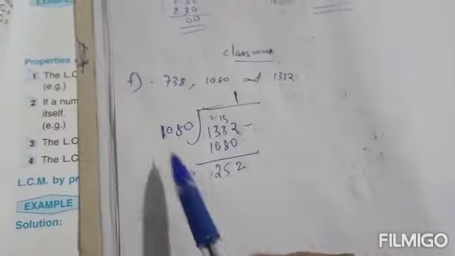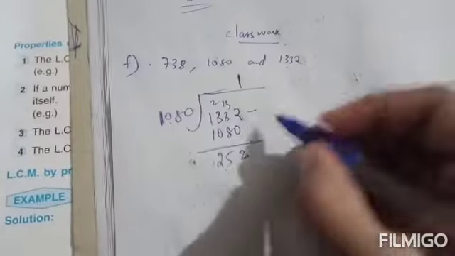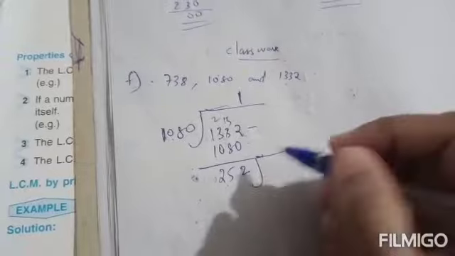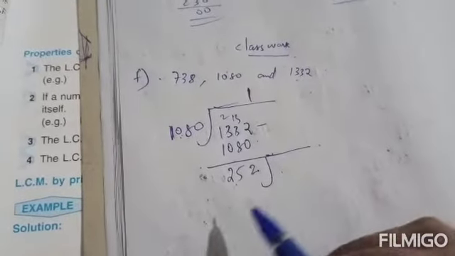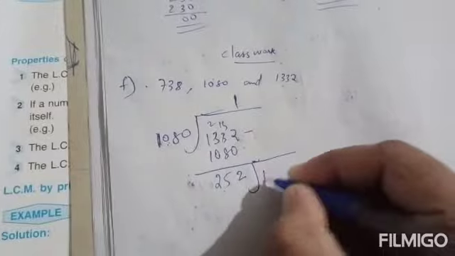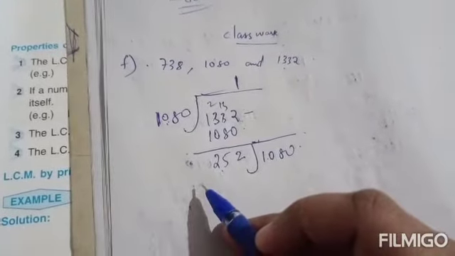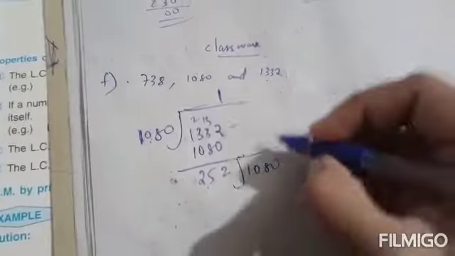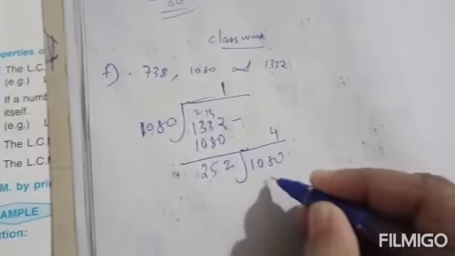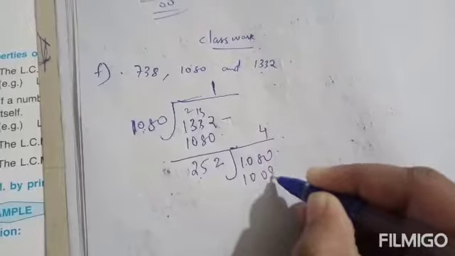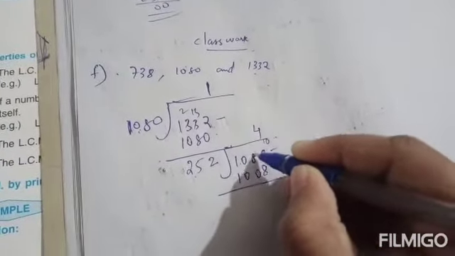Now divide this divisor 1080 by 252. The divisor will become the dividend and the remainder will become the divisor. So 1080 divided by 252, you will get 252 into 4, it is 1008. Okay, now subtracting, what you will get?